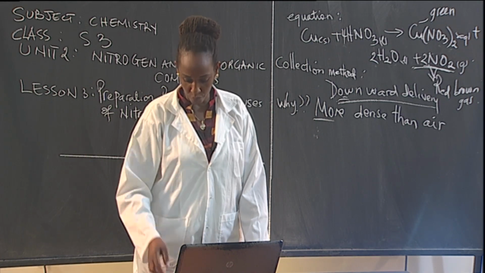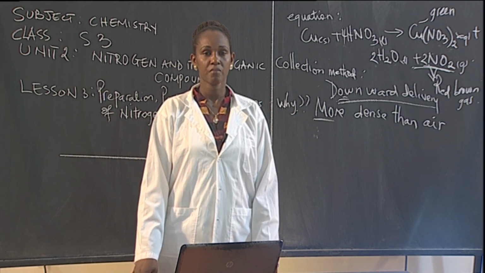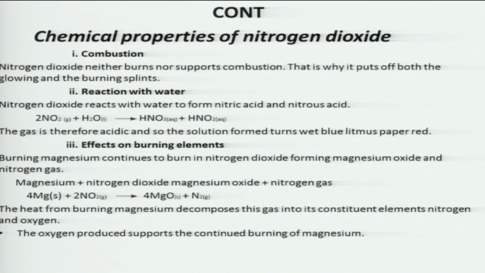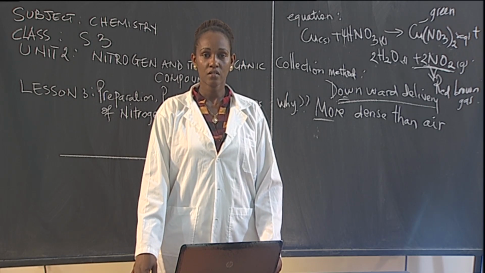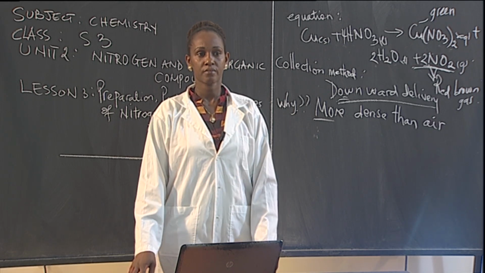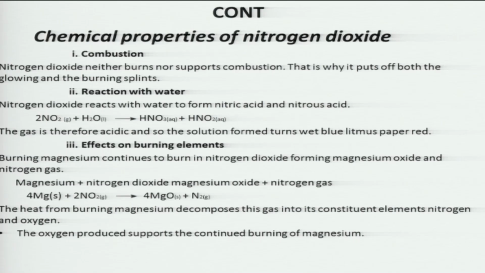So what are the chemical properties of nitrogen dioxide? Always I say, when we are talking about chemical properties, we are talking about the reactions: how nitrogen dioxide reacts with other elements, compounds or substances. All right? So one, combustion. Nitrogen dioxide does not burn and does not support combustion.